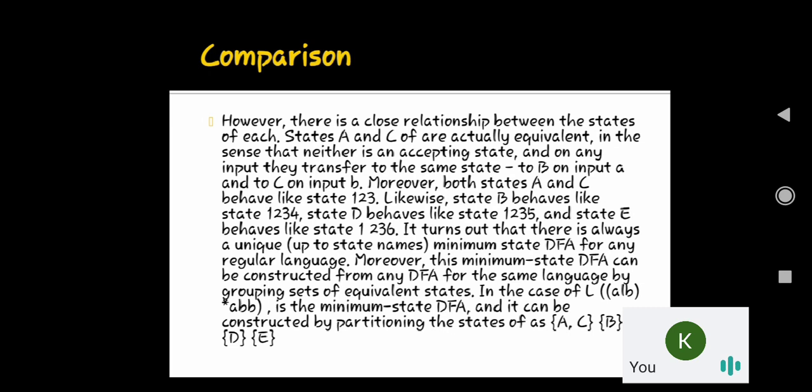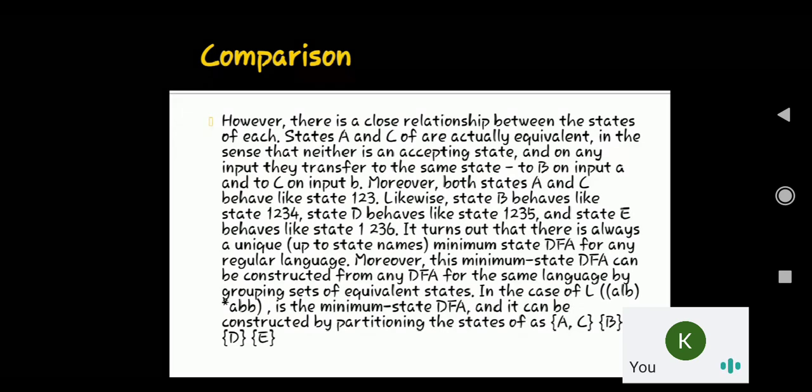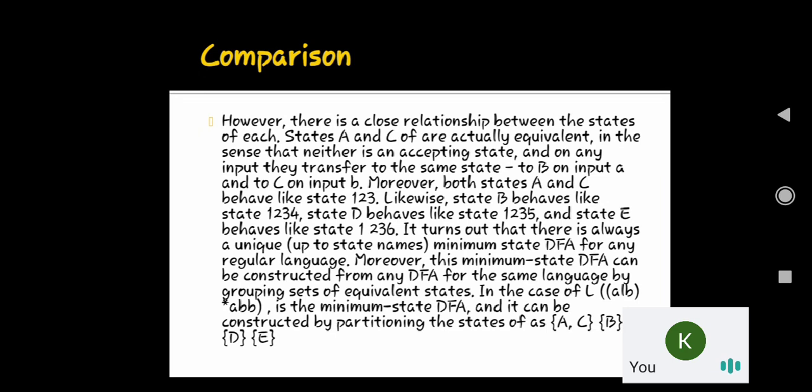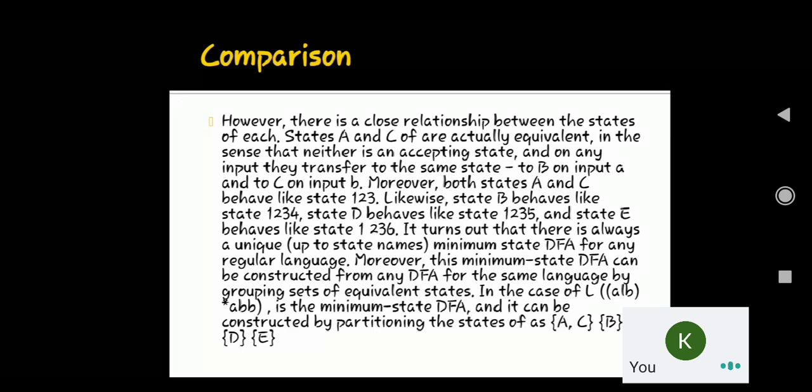Now we take A and C, converted into 1 2 3, one state, and B converted into 1 2 3 4, the second state, and D converted into 1 2 3 5, the third state, and E which works like 1 2 3 6, the fourth state. Okay. So that's the thing.